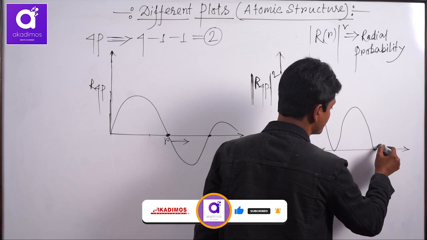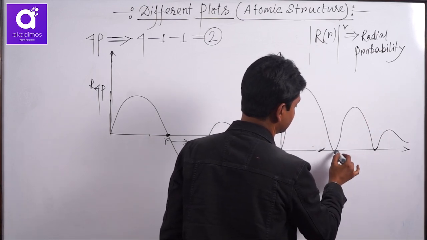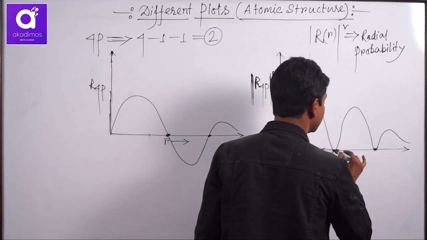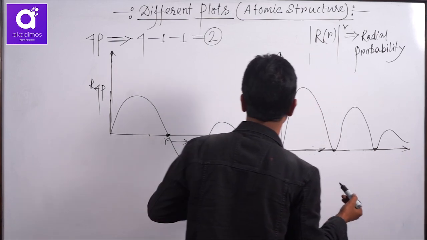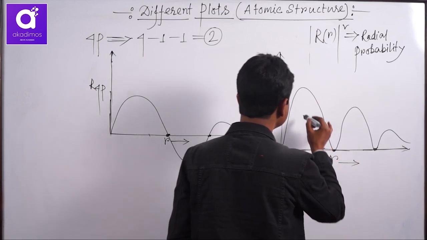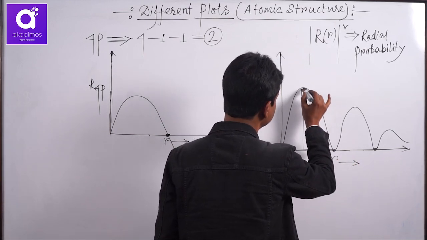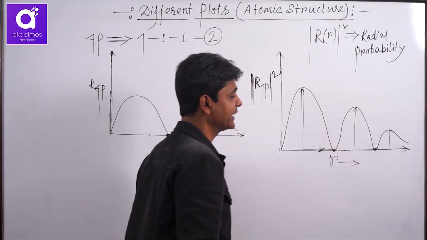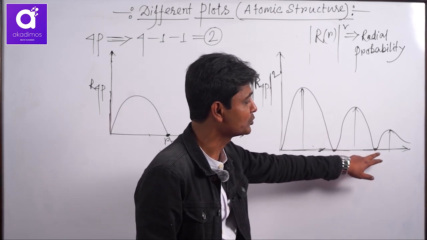There are two nodes, these two are the nodes, all becomes plus. And remember that when you draw radial probability versus radius, this amplitude decreases. Remember this one, this amplitude decreases. Here are two nodes.